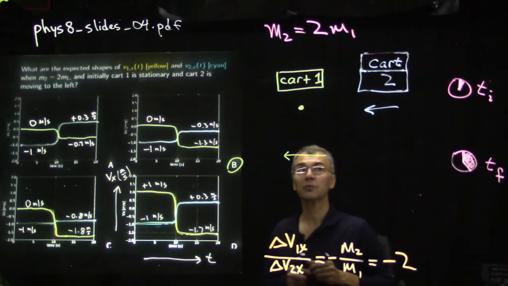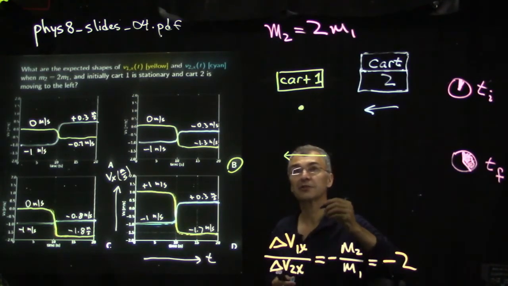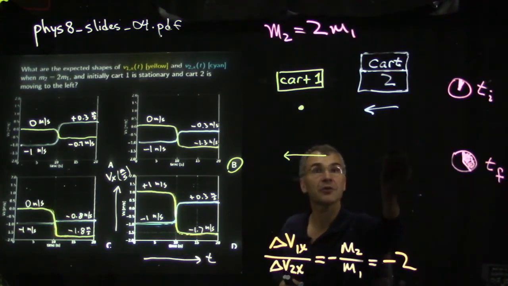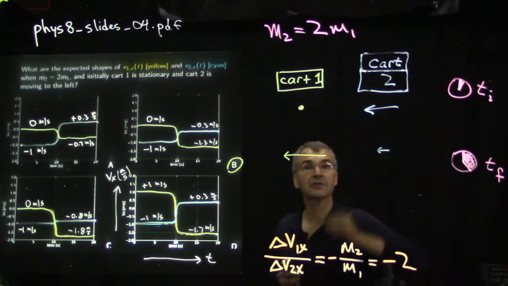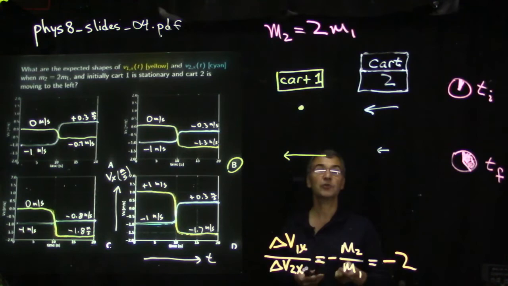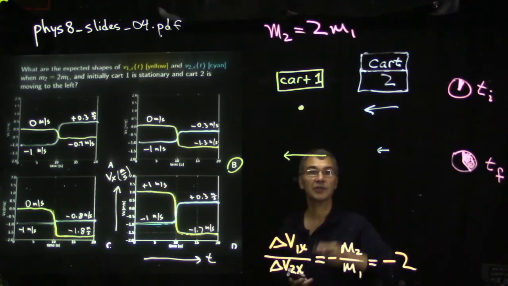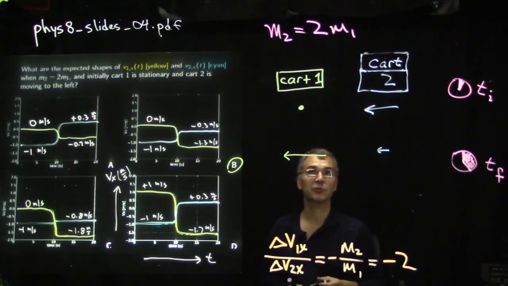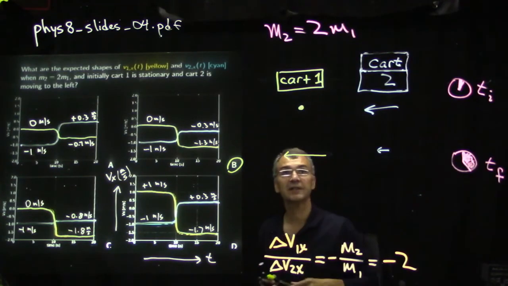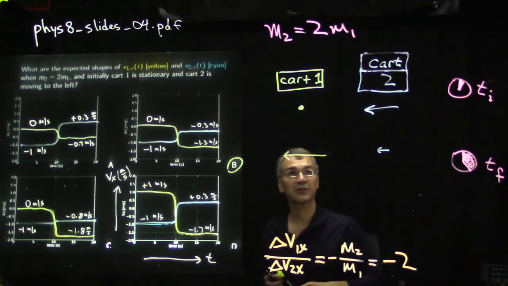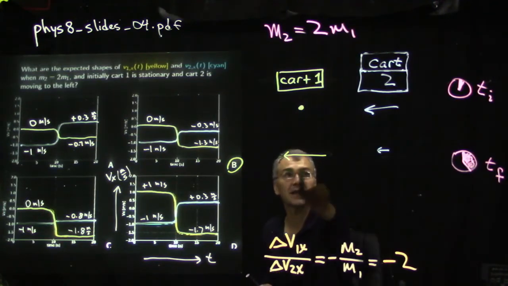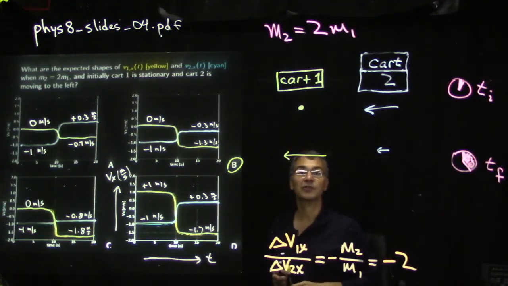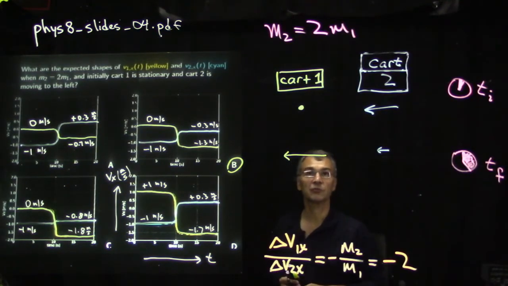Cart 2 will also be moving to the left, but with about a third of its initial speed. Cart 1 should be moving to the left at a speed that is a little bigger than cart 2's initial speed. That seems to be a way for us to conserve momentum.